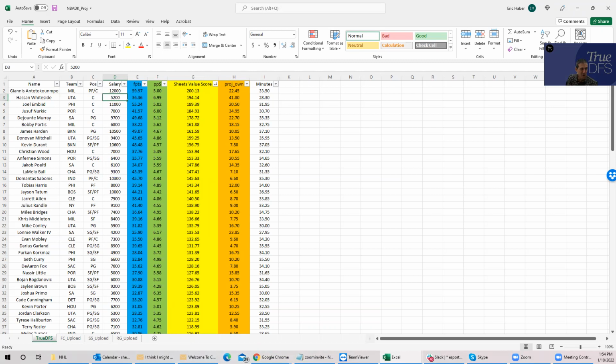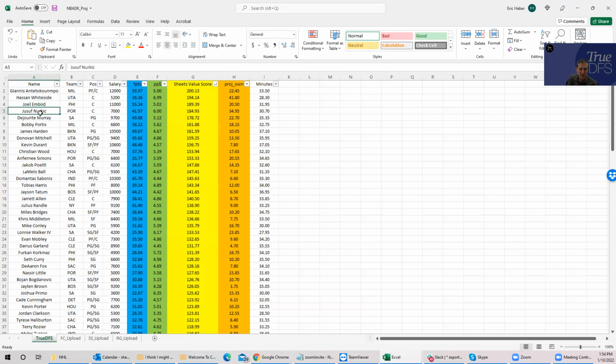Now, Whiteside: they're playing Detroit, and unfortunately I don't know how much Detroit shows up here. So he doesn't quite fit the bill as a correlative play, but he's still a really, really good play. Embiid is playing Houston, and the one Houston guy I have in here is at the same position, Christian Wood, so it's going to be difficult to play Embiid and Wood together.